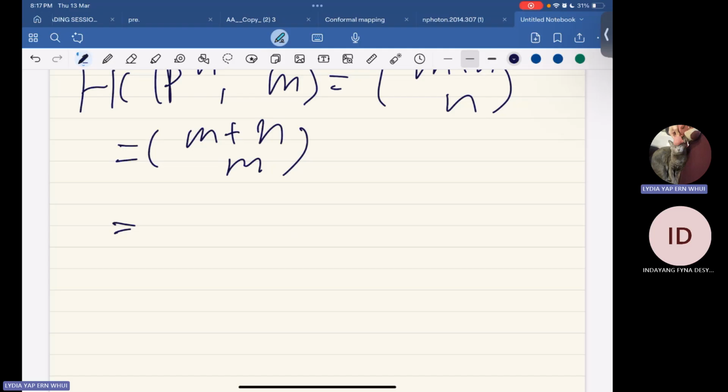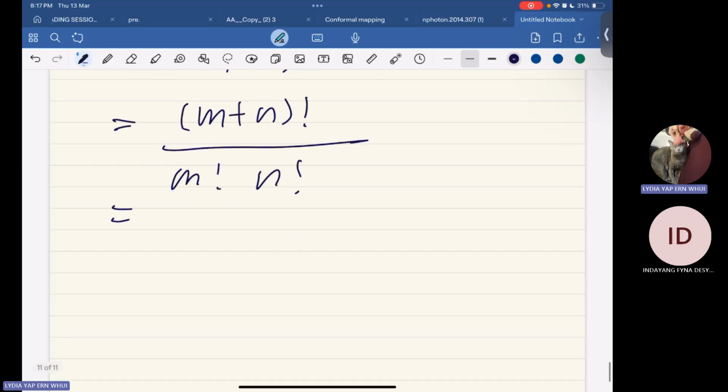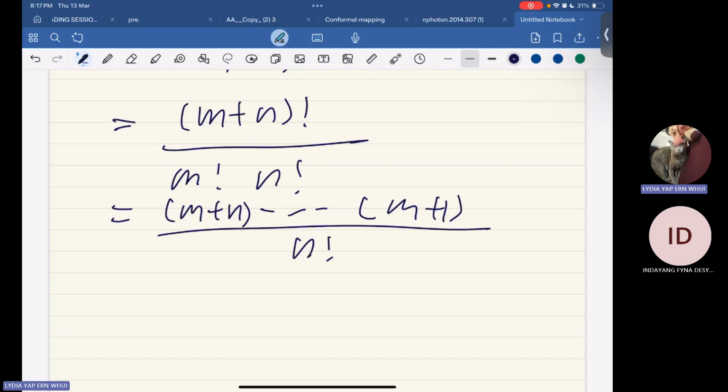Lydia, can you answer it now? Over m factorial and n factorial, right? And also we can write it as m plus n times until m plus 1 divided by n factorial, right? We can see if we fix n now, we just consider Pn and maybe we consider this n to be 2, then we consider P2.